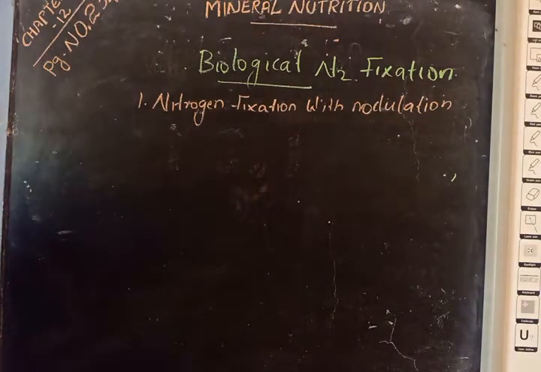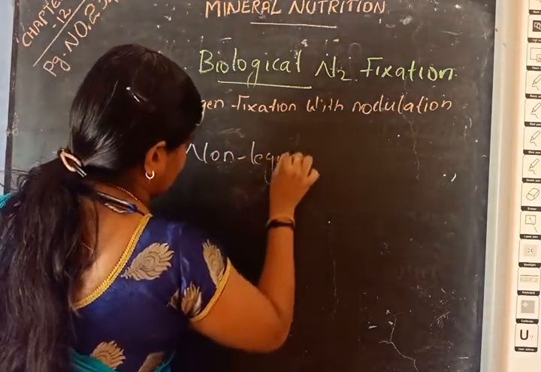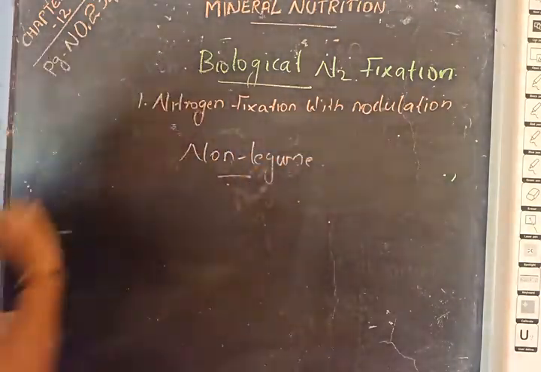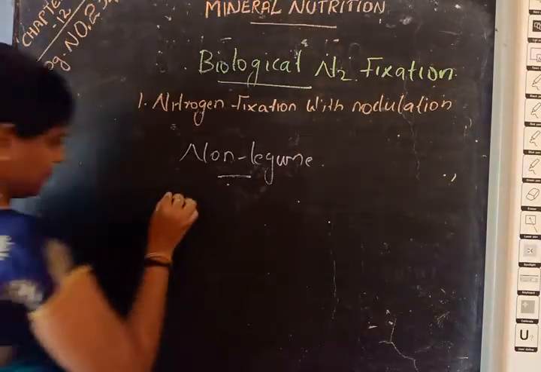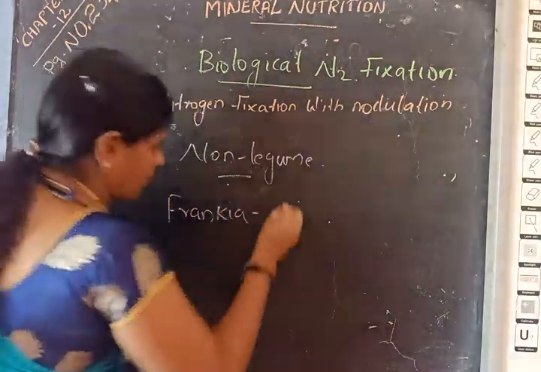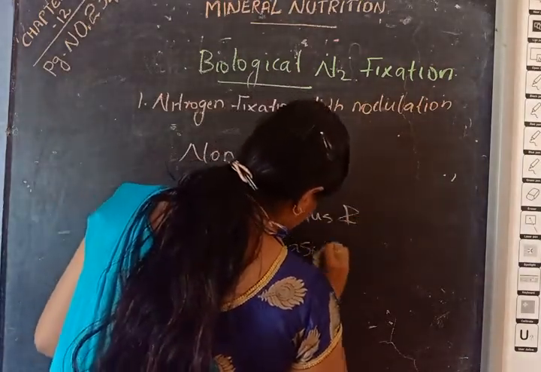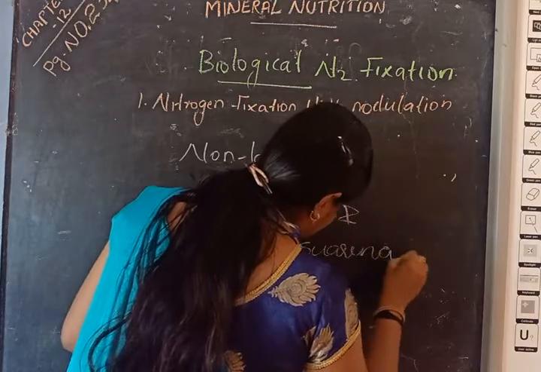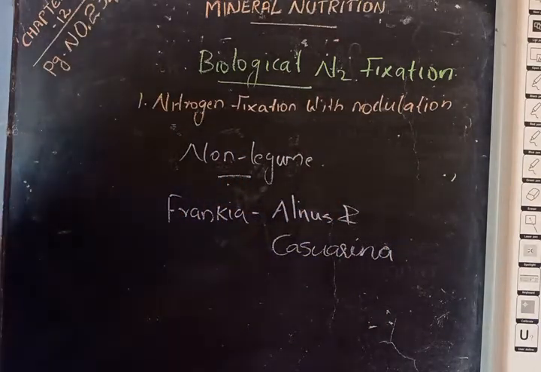Now we can look at the non-legume. Alnus and Casuarina are plants without legumes that contain a bacteria called Frankia. Frankia is a bacteria found in Alnus and Casuarina plants, and Frankia fixes the atmospheric nitrogen.